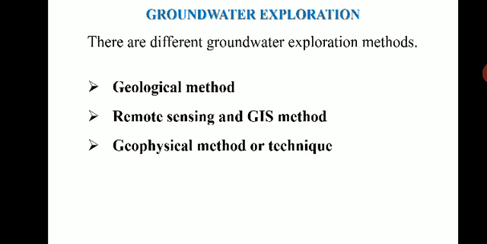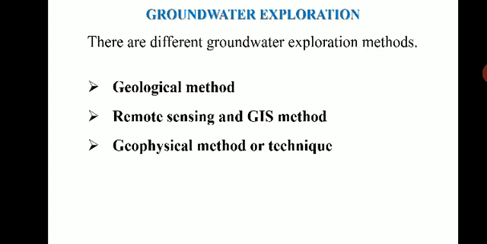They are measured by sending either electric current or even seismic waves. So these properties help us in terms of the geological structure, the rock type, the porosity, the water content and water table, and even the water quality we can find out with the help of geophysical methods.